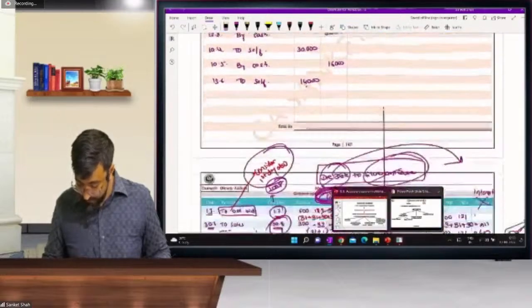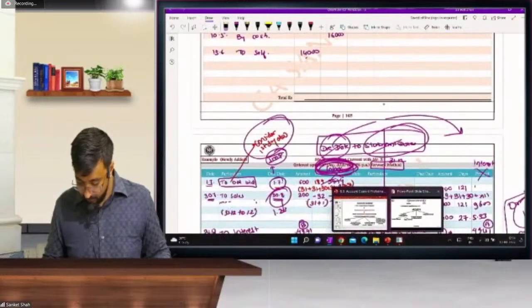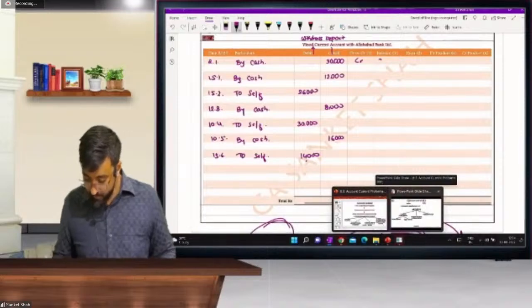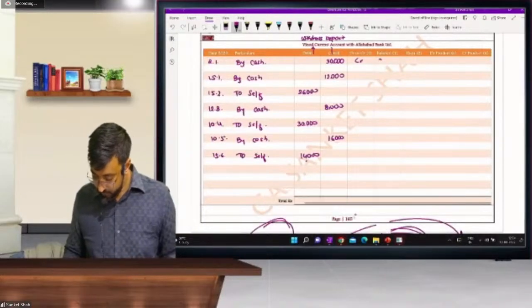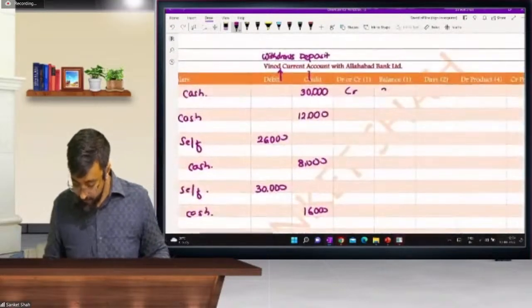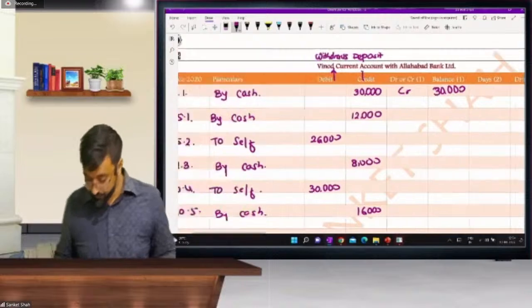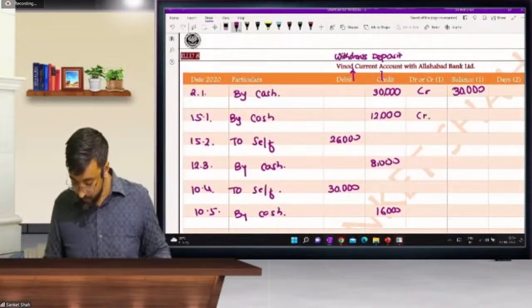Now understand this technique. Credit 30,000. Credit is 30,000. 42,000 is credited.